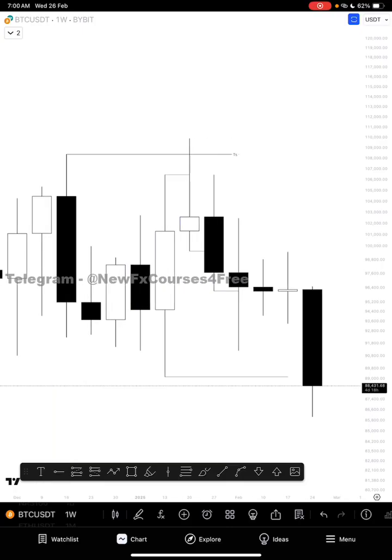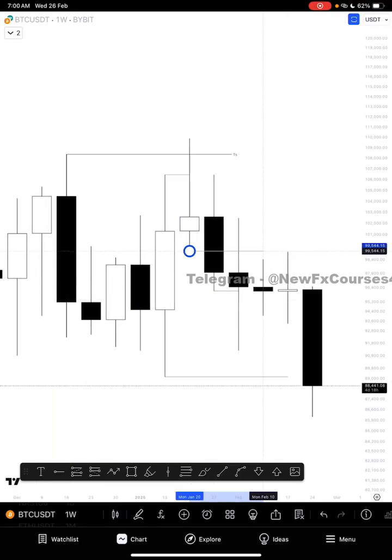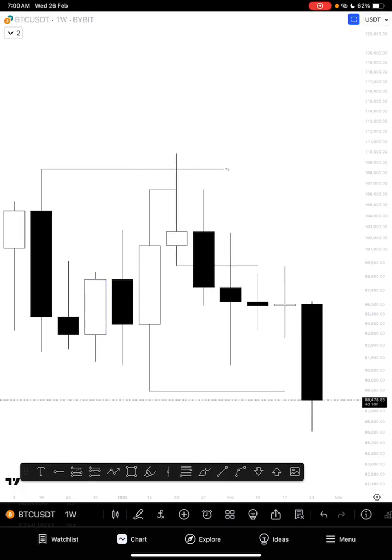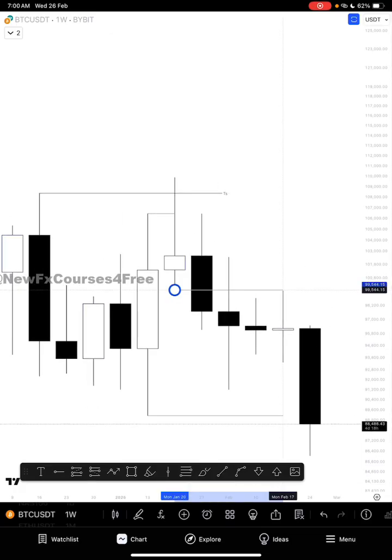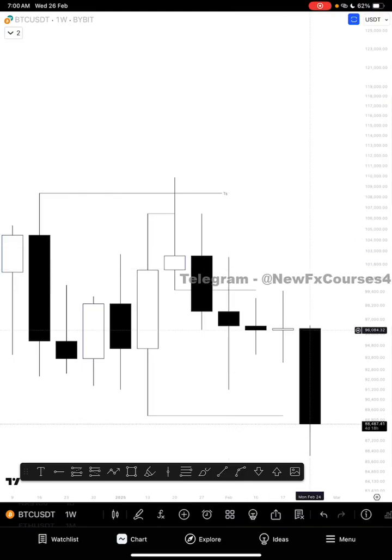So here, this was actually a model 1 entry model. So here, this was a retracement into this order block and taking more orders before price actually dumped lower.